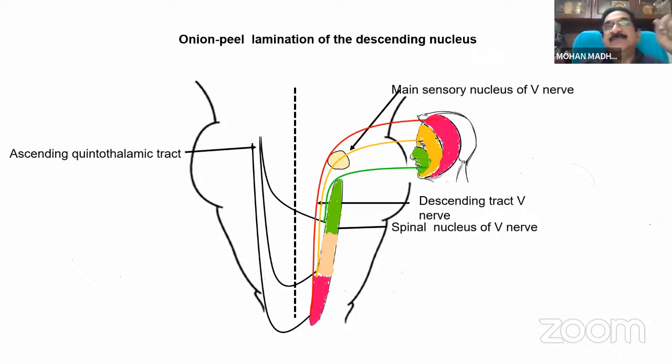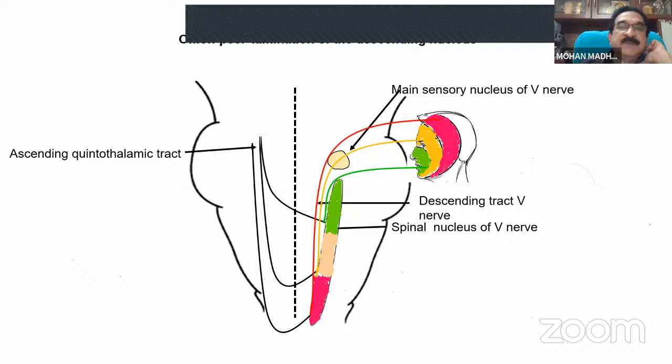This tract goes to the ventroposterior nucleus of the thalamus and then to the sensory cortex. So in fact, if you have a lesion here in the ascending trigeminothalamic tract, or a lesion in the descending tract or the descending nucleus, all can cause pain loss on one side of the face. So the right side is affected or the left side is affected, you can get pain loss.